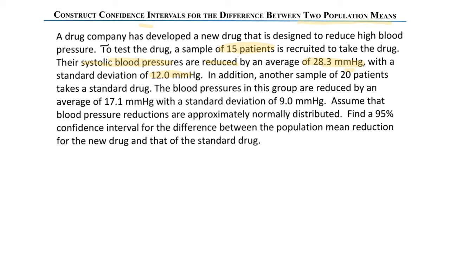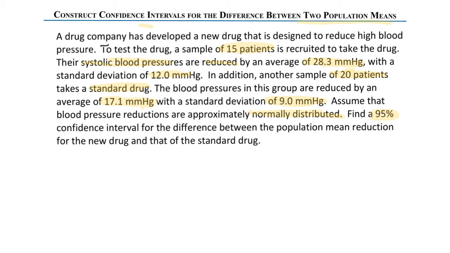And they take another sample of 20 patients and give them the standard drug, and their blood pressure reduces by an average of 17.1 millimeters of mercury with a standard deviation of 9 millimeters of mercury. Assume that the blood pressure reductions are approximately normally distributed.